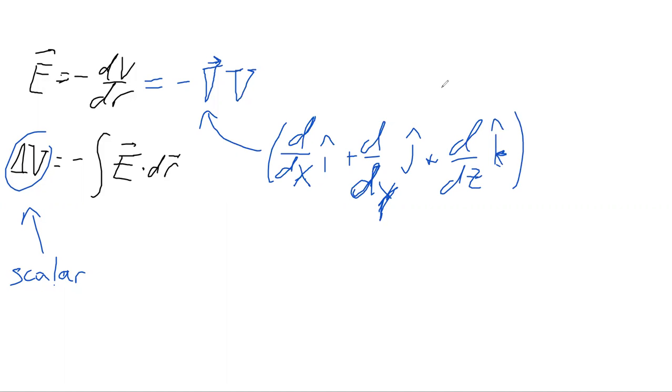So in Cartesian coordinates, that del operator, even though you're taking the derivative, has the unit vectors in it.